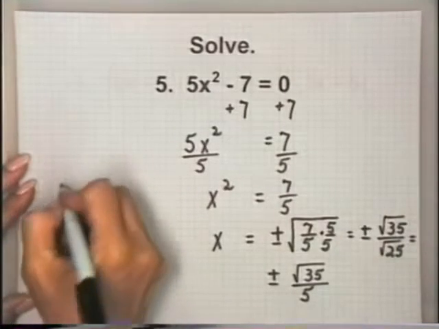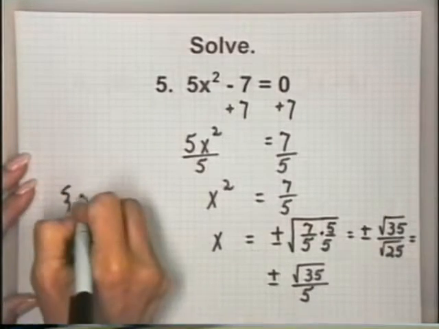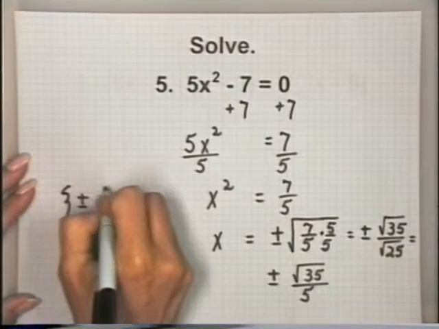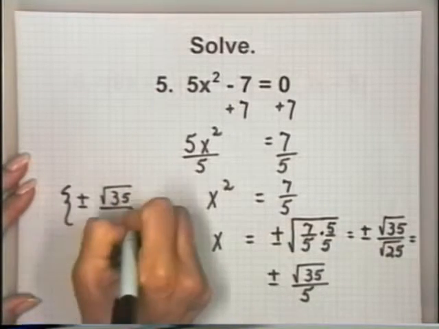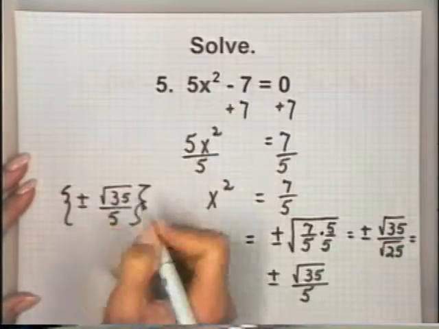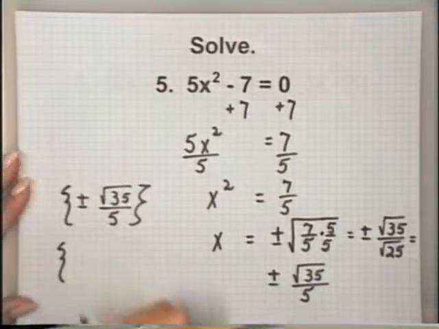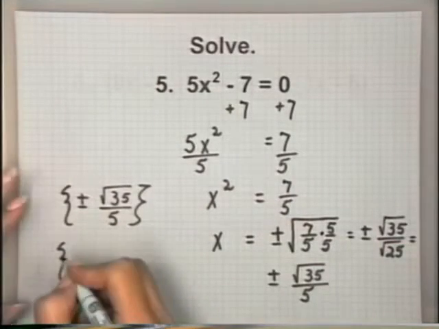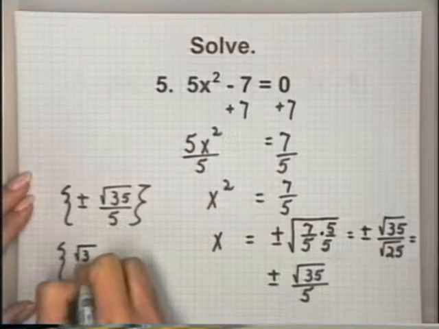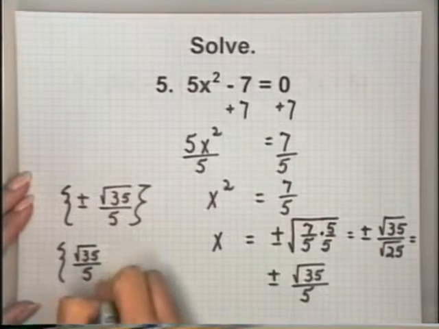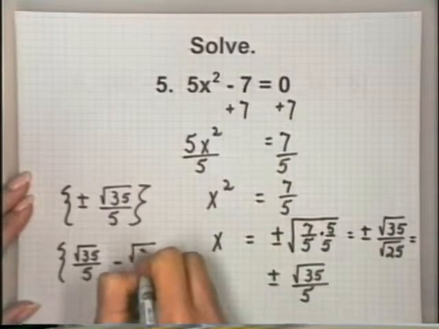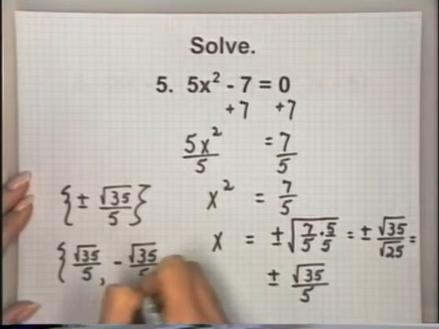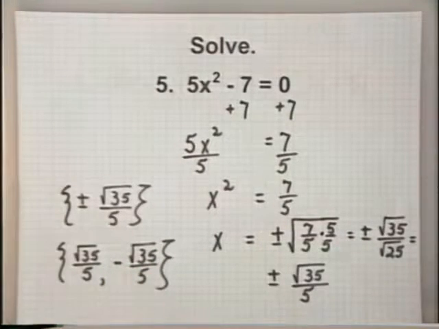So let's write that as a solution set. And of course, if we would like to write those solutions individually, we may write the square root of 35 over 5 and minus the square root of 35 over 5.